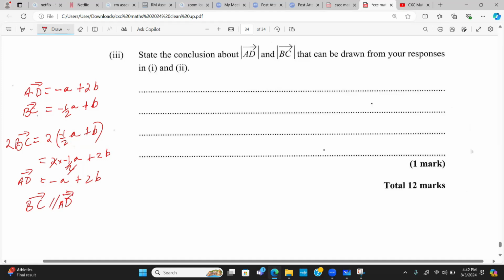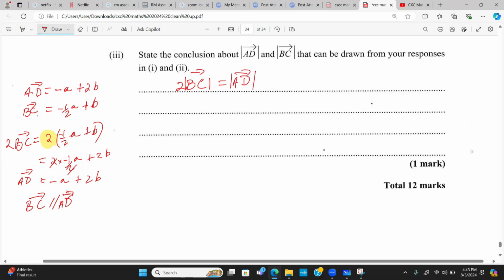Now, whenever two vectors are parallel, that scalar quantity that is used to change one vector to the next will also affect their distances. So what happened is, you could see that 2 times the magnitude of BC is actually the magnitude of AD.